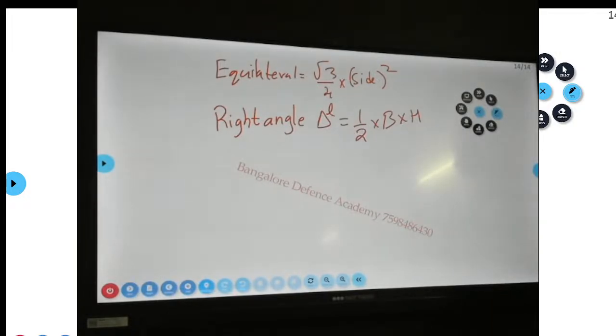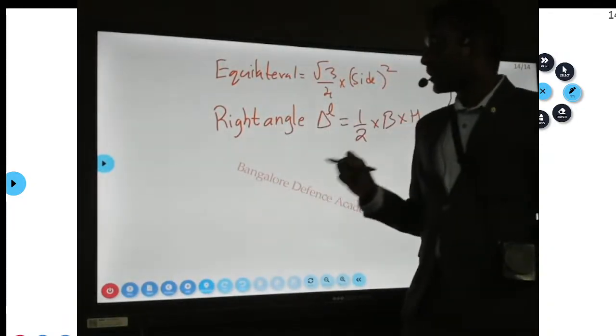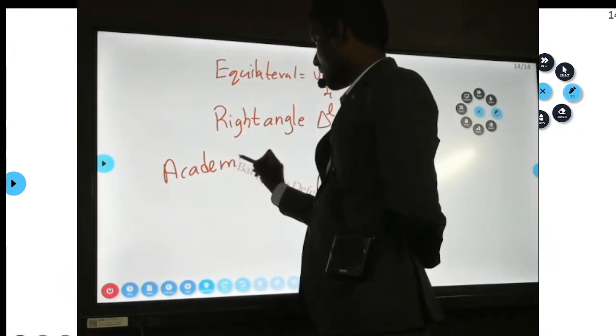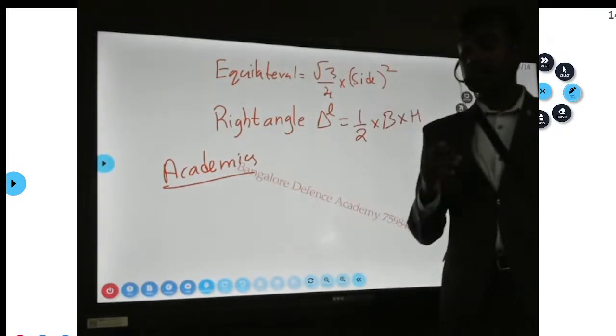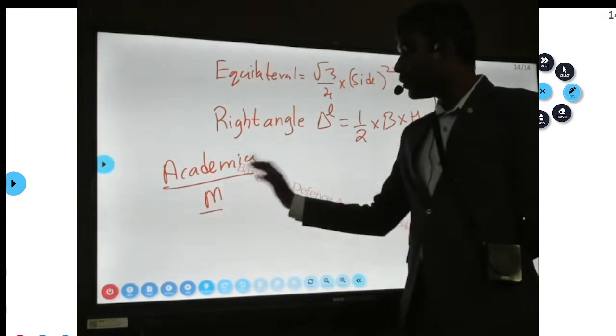देखो SSB में जिसको recommend होने का होना है या फिर होने के chances ज़्यादा है, ऑफिसर लोग formula mathematics पूछते हैं. One thing you keep in mind, your academics matters a lot. Academics means your studies in 10th and 12th matters a lot to become officer, and in that maths is the most important chapter.